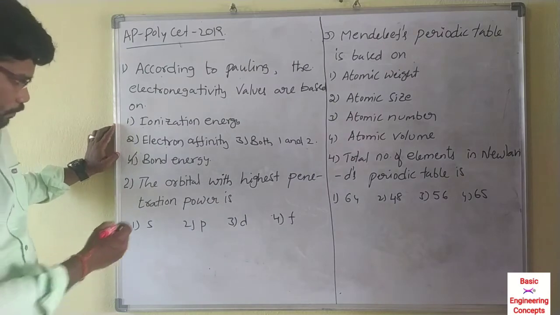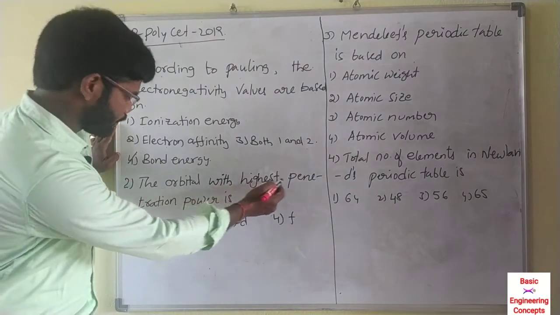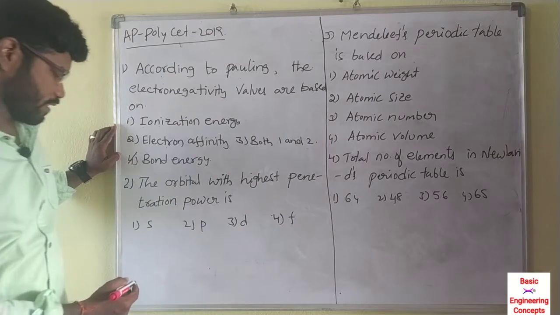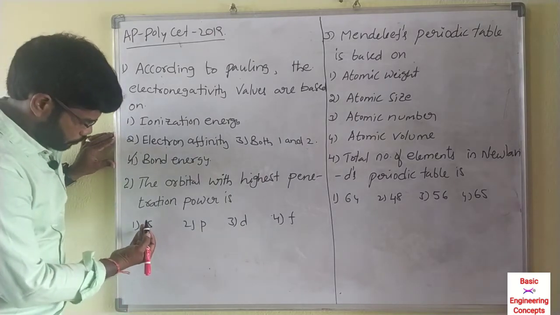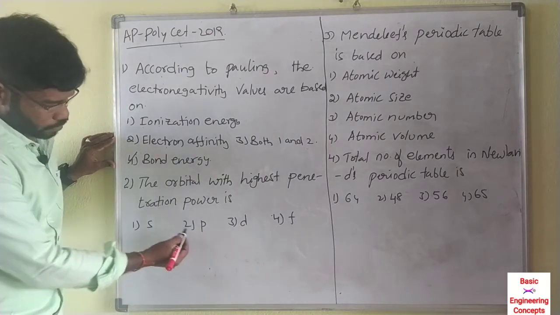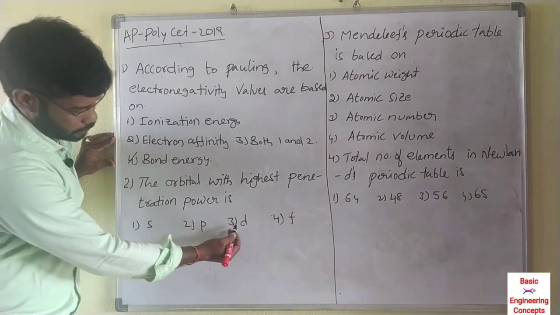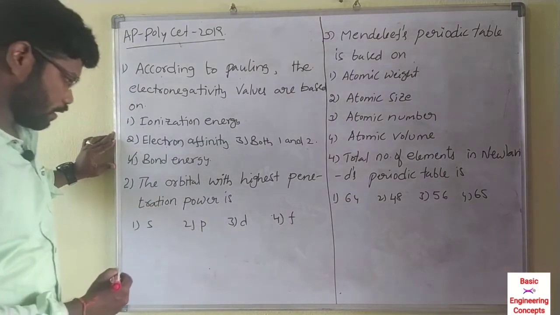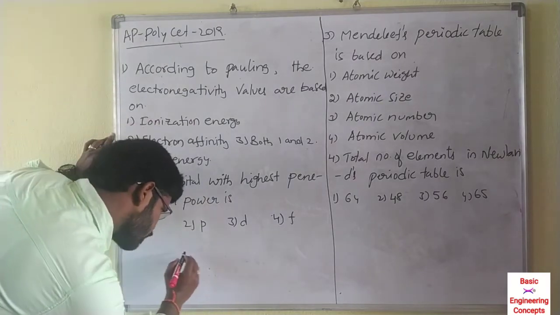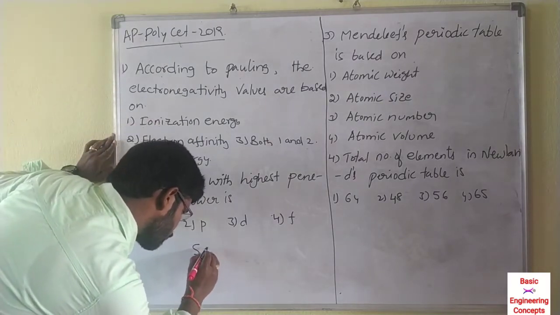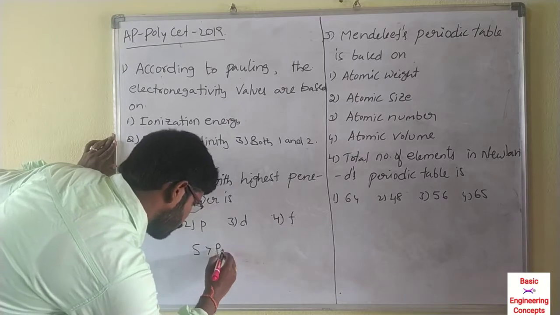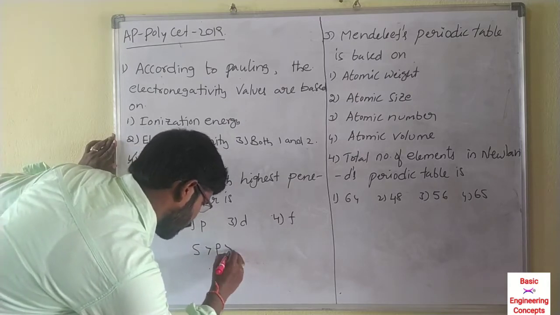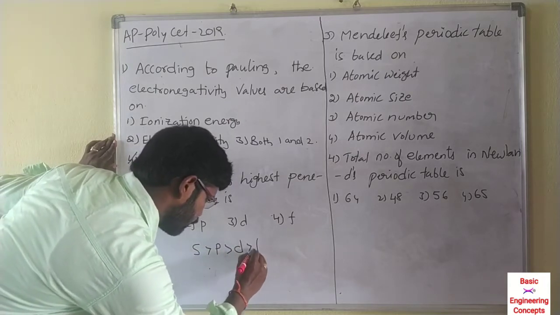Next question: the orbital with the highest penetration power is? Option 1, s orbital; option 2, p orbital; option 3, d orbital; option 4, f orbital. The penetration power order is s greater than p greater than d greater than f.